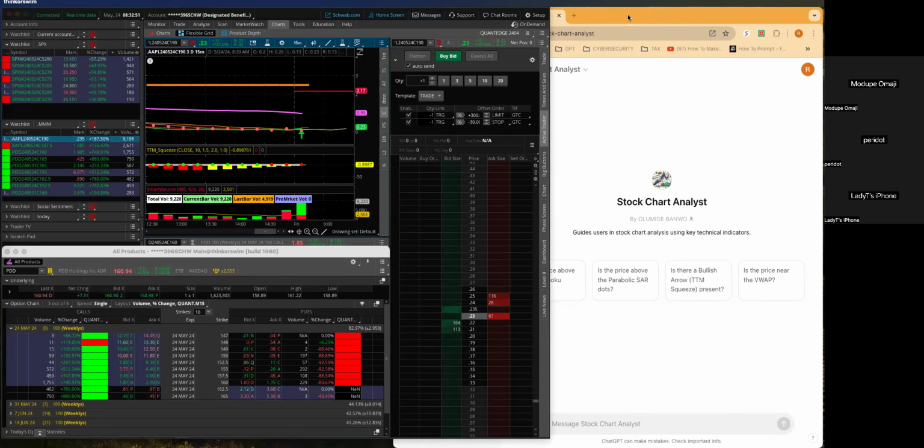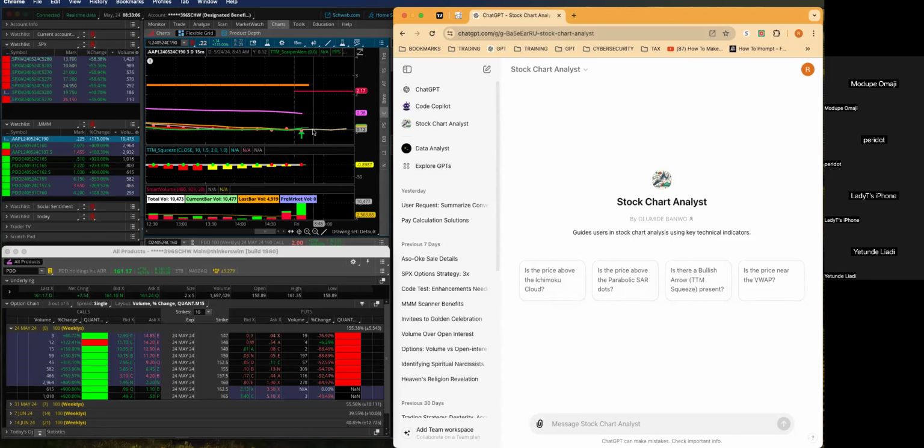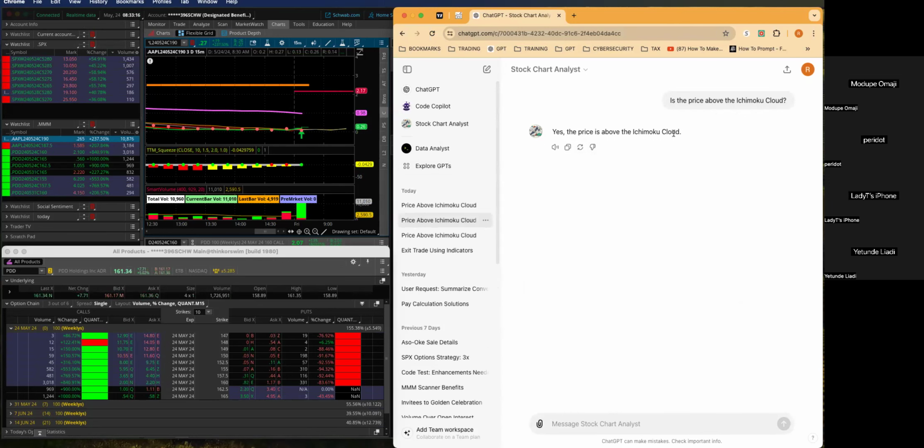It asks you maybe four or five questions. Is the price above the Kumo cloud? This is the cloud, right? You just click on that one. And yes, the price is above the Kumo cloud.